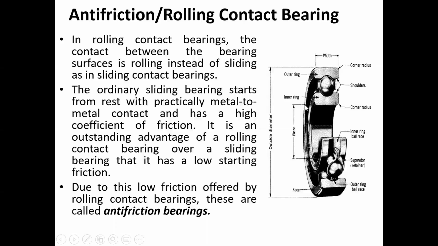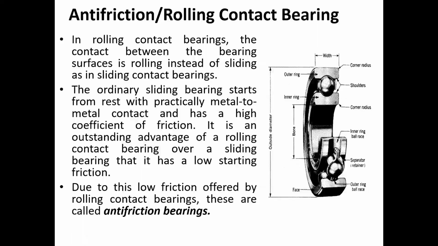So this internal diameter refers to the shaft or journal. The inner race also has a corner radius. Okay, this outer diameter is the overall dimension of the rolling contact bearing.